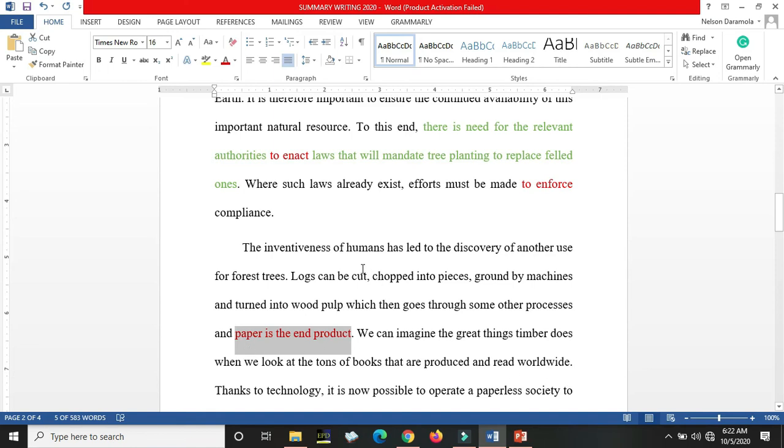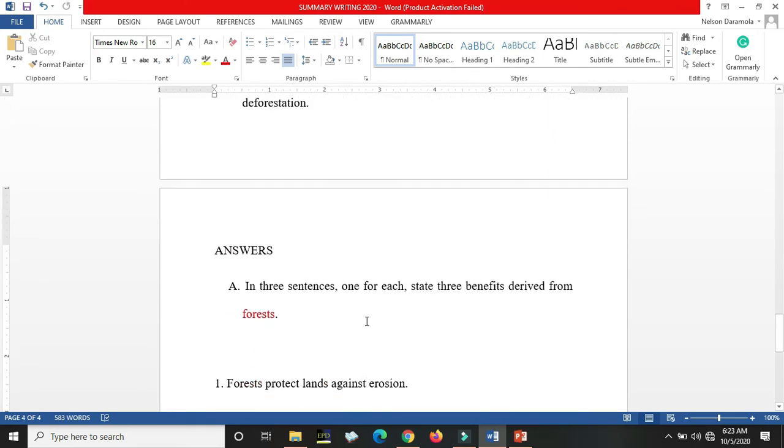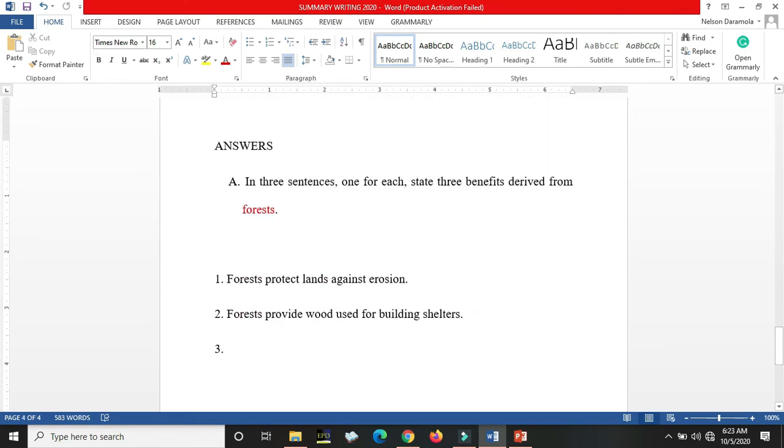So that means what? Logs. Another word for log, that will be wood, right? Good. So what you are expected to do here is you come down because you have just seen another use of the forest. So let's see.